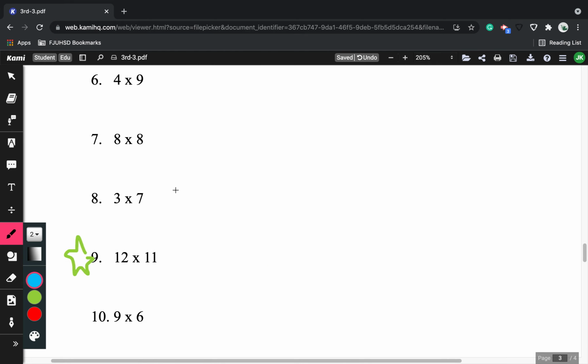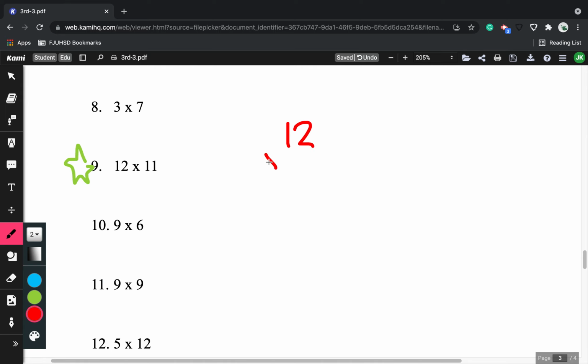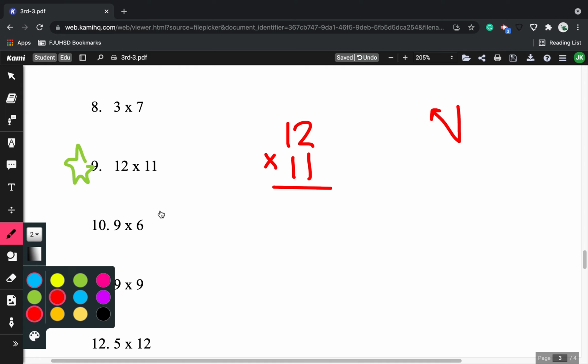Okay, review multiplication. Let's do 12 times 11. If you don't know, this is on your multiplication tables, but if you don't know, you could go like this. Chicken feet. Like that. So the red is always the first part.